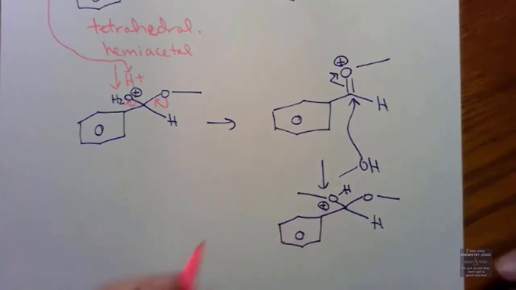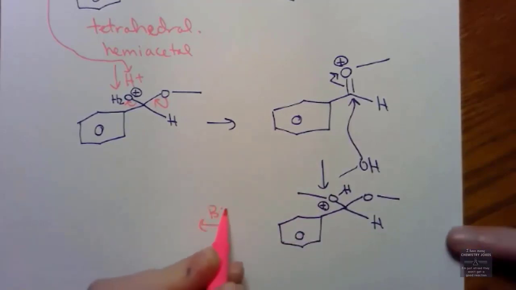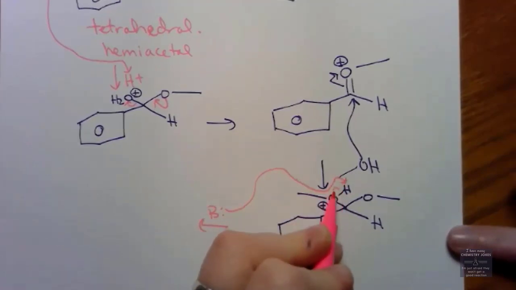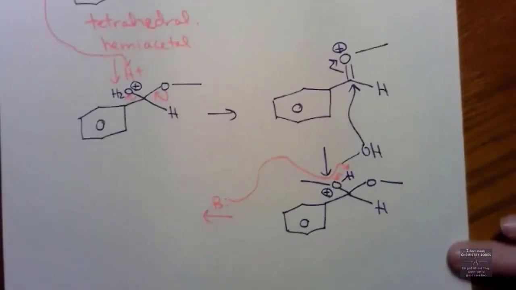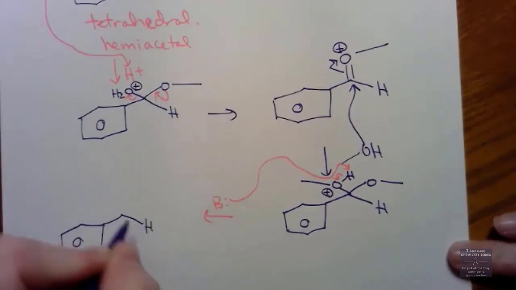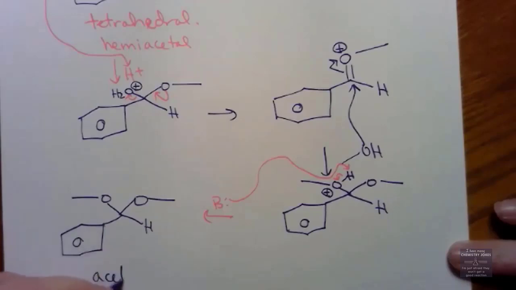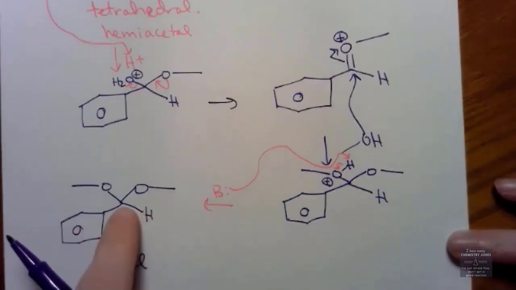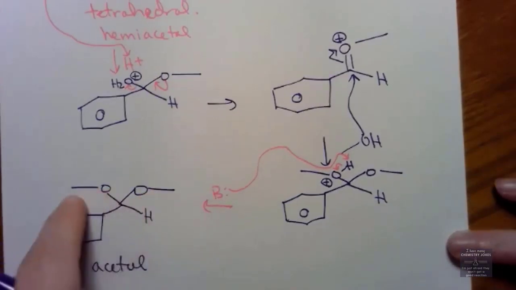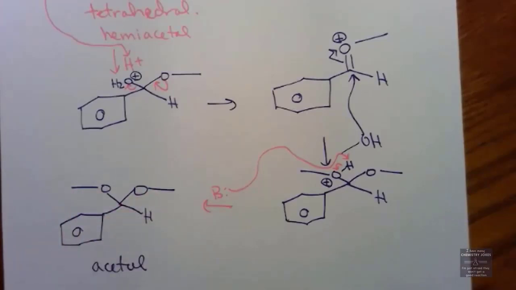You get O plus and some base in solution somewhere comes to clean up. And all of a sudden, ta-da, you have an acetal. One single carbon with two ORs directly connected to the same carbon. It's an acetal. Yep.